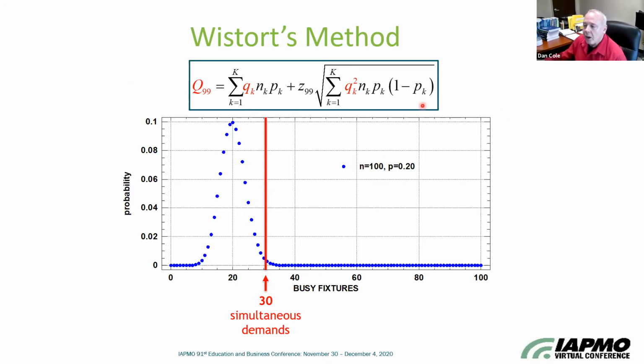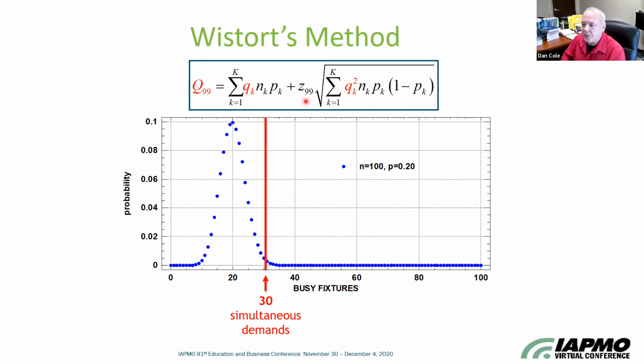The normal approximation basically deals with the variables of N and P, and uses what's called a z-score, which determines what percentile you are using, the 50th percentile, 75th percentile. The z-score 99 means that you're using the z-score of the 99th percentile.